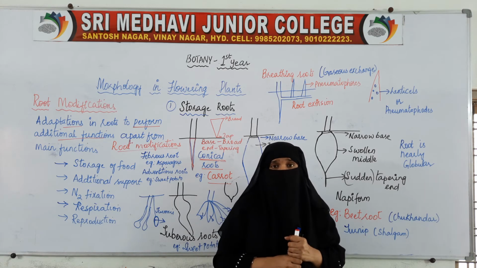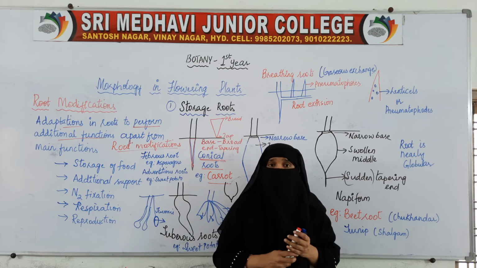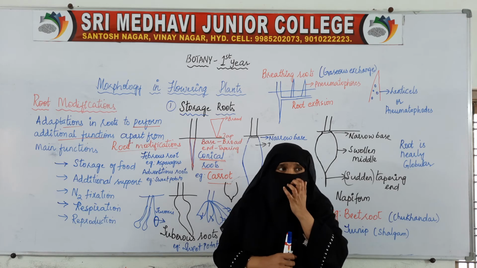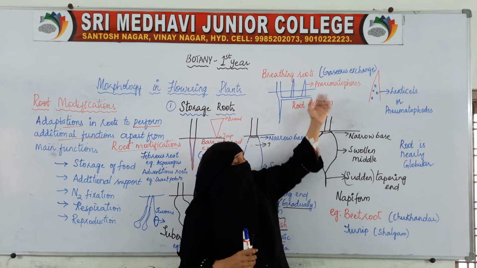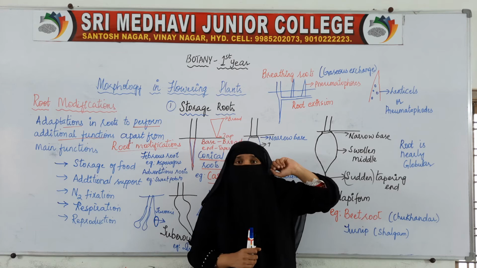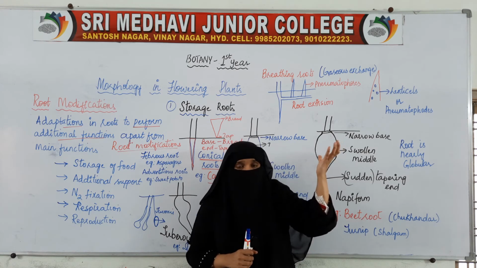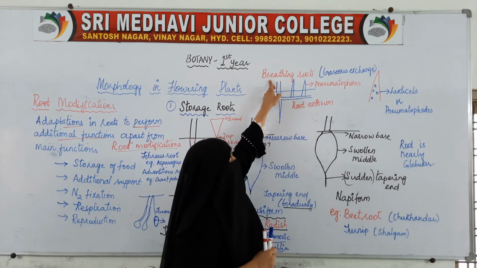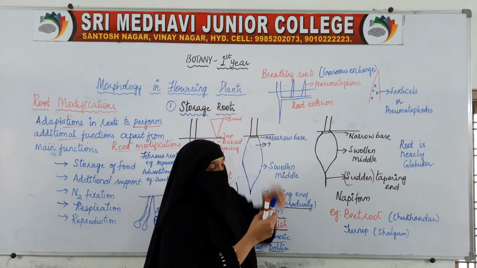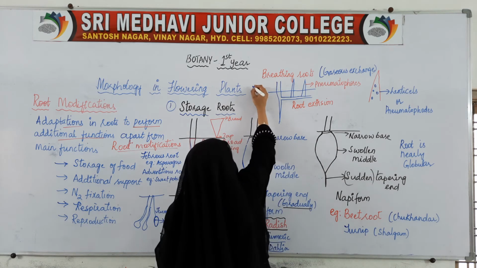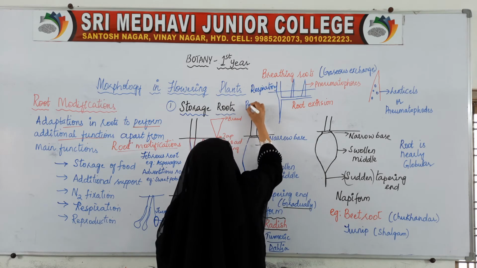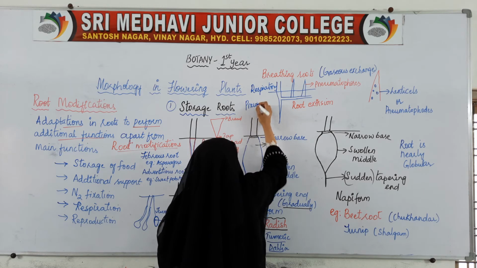But in a few plants, apart from stomata, the roots will also help in respiration, that is, gaseous exchange will take place through the roots. Such roots are called breathing roots, or respiratory roots, or pneumatophorous roots.